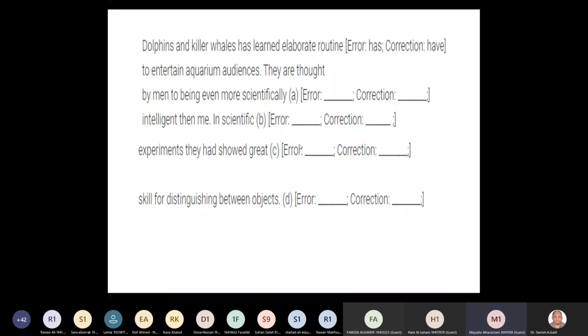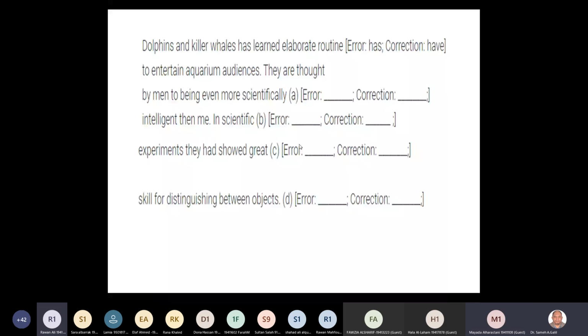To be, by men to being even more scientifically. To be, Doctor, not to be. Okay, very good, Mayada. They are taught by men to be even more scientific. Okay, thank you so much.